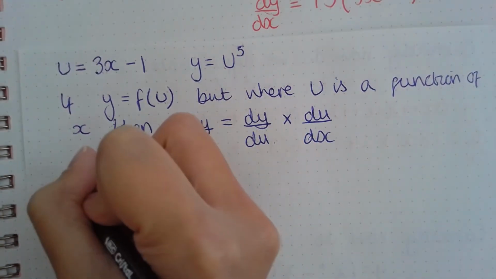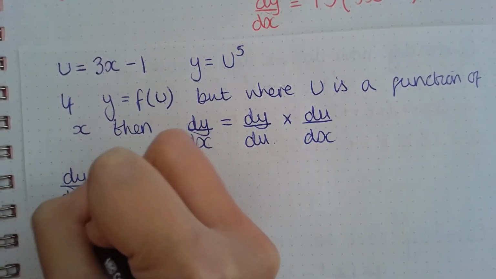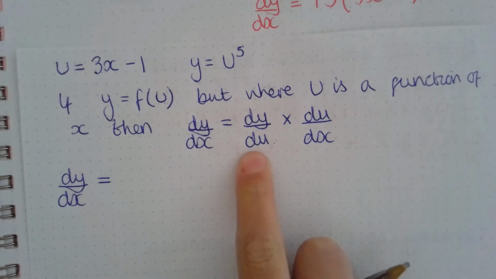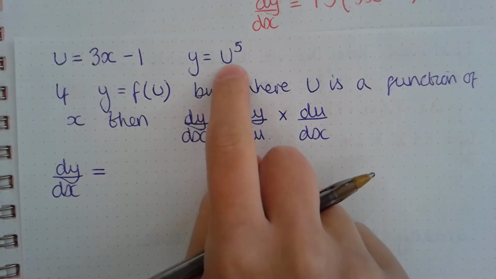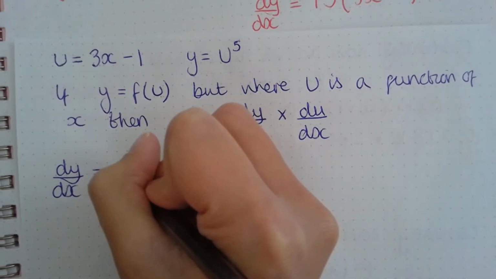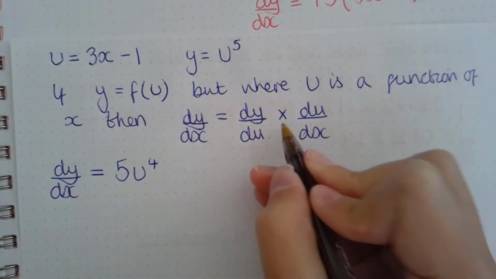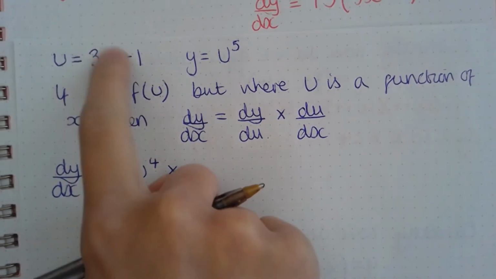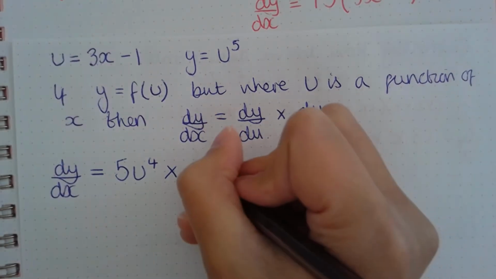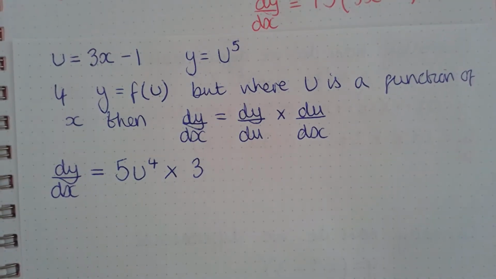So we've got dy/dx equals, well, what's the differential of y with respect to u? Differentiate this, so you get 5u to the power of 4, times my differential of u with respect to x, which is 3 on its own.